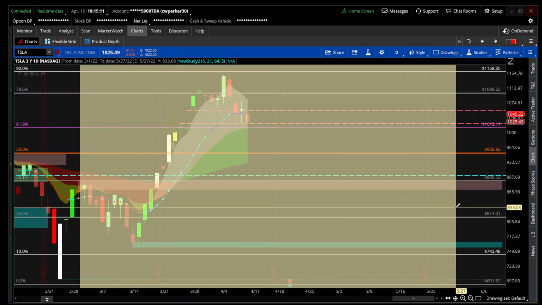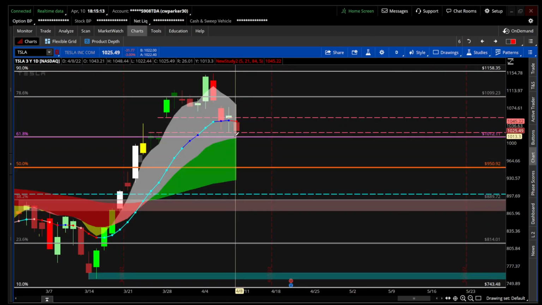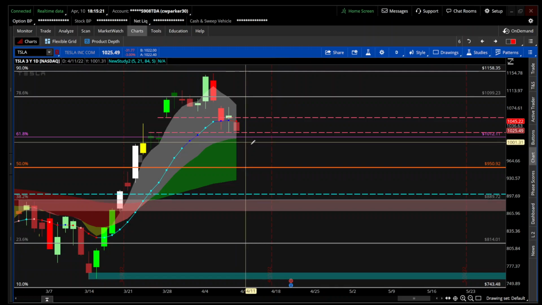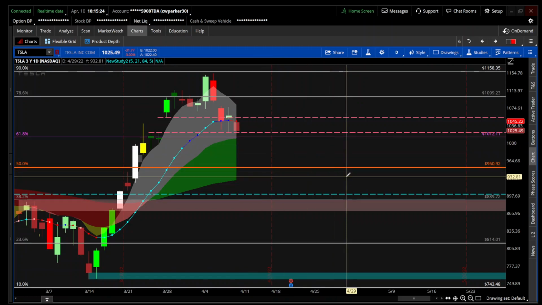So right now it's actually at this pullback area, but quarterly wise, it's still considered bullish, and the weekly has not crossed below the monthly. So I'm looking at Tesla, and I'm thinking it can still rise up. Those pink lines, if you can look at the beginning of them, that represents that gap that Tesla is sitting in.